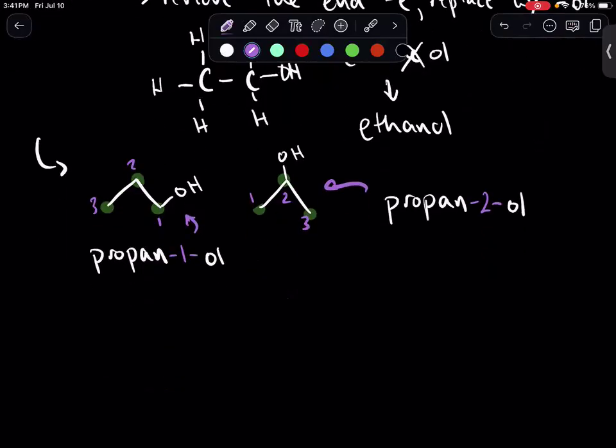Now, we can, of course, add more alcohols on this. So we can go ahead and try, let's do a but-. And we'll put 2 alcohols on the same carbon. Numbering these as best as I can, I'm going to try and make sure that the numbers are always lowest, so the OHs are on carbon 2. Pause it if you think you know.